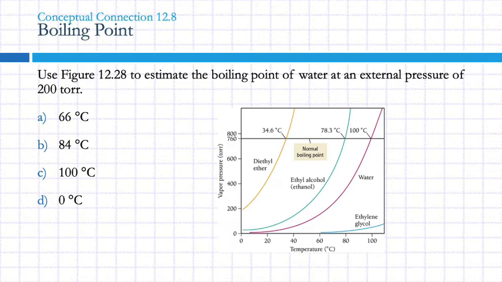So we can estimate the boiling point of water at an external pressure of 200 torr. So this is 200 torr. And so what we need to do is draw a line. We'll try to make it a straight line.